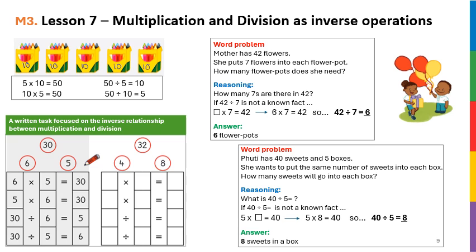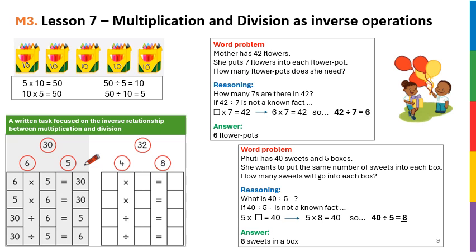And if she knows maybe her 6 times table, she'll know that 6 times 7 is 42. And if she knows 6 times 7 is 42, then that means 42 divided by 7 is 6. And the answer is mother will need 6 flower pots.